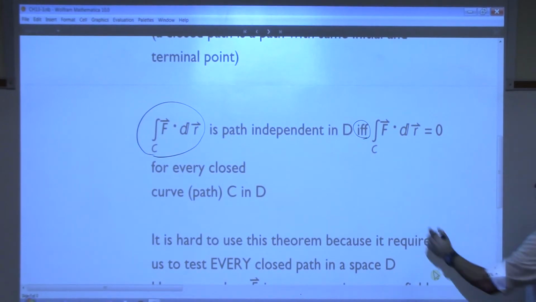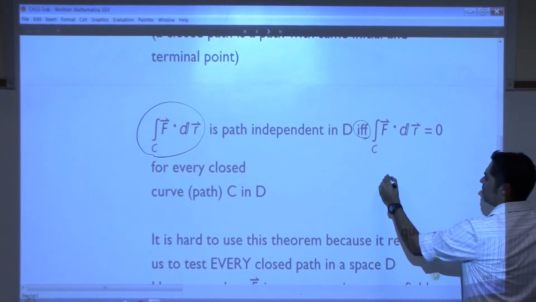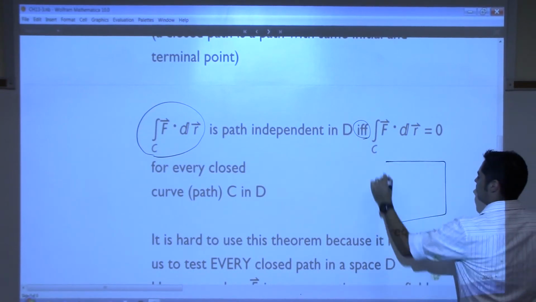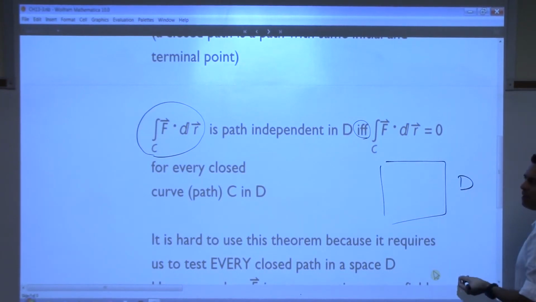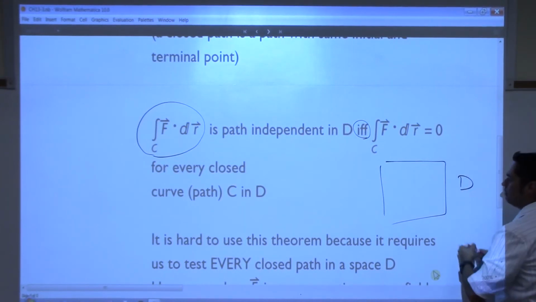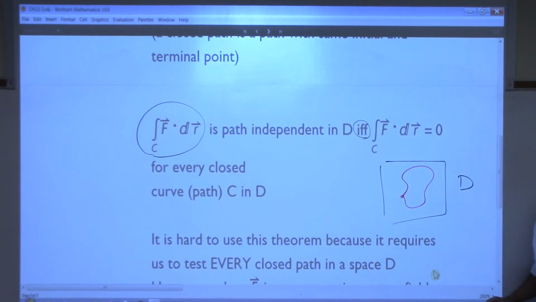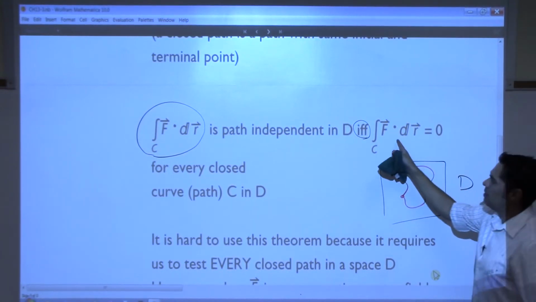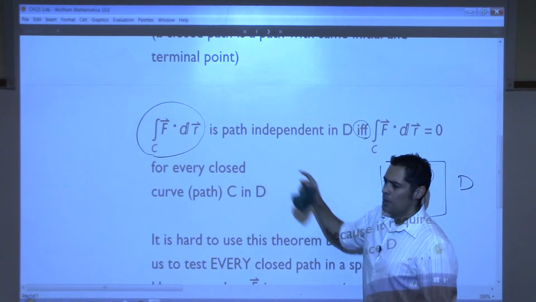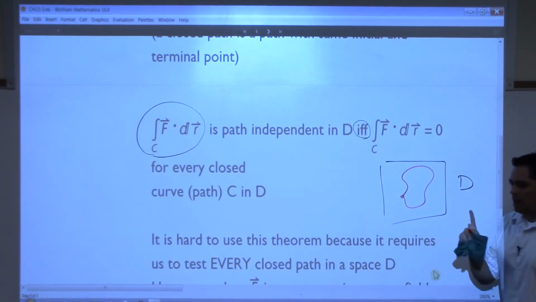So here's the idea. You have some domain D, and you think about a closed path in this space. I'm going to draw a closed path in here. Start and end at the same place. I could do a line integral over this. If I do the line integral over that and I get 0, does that mean that it's path independent? Not yet.